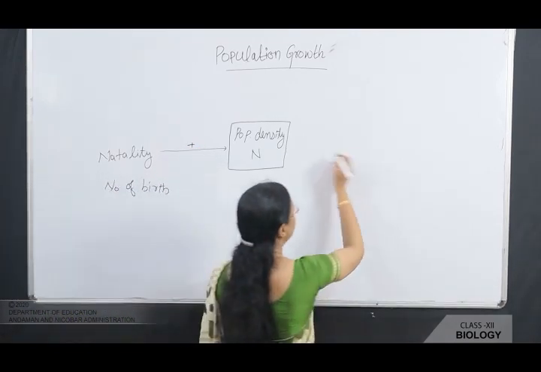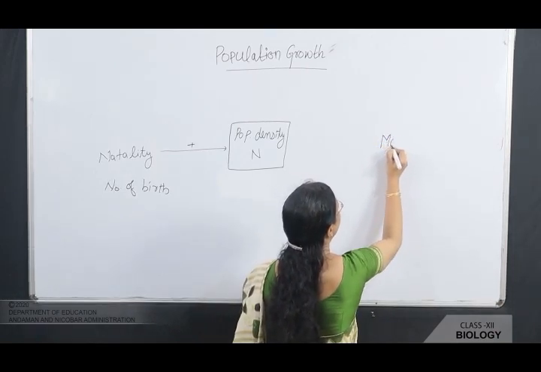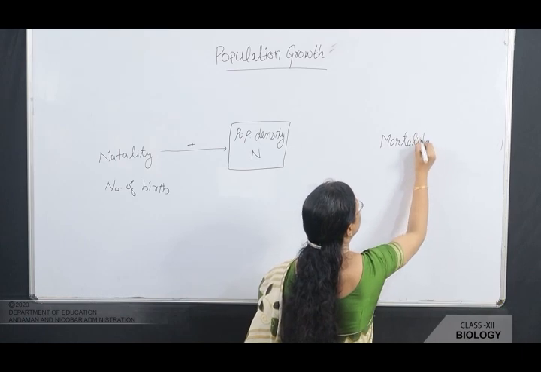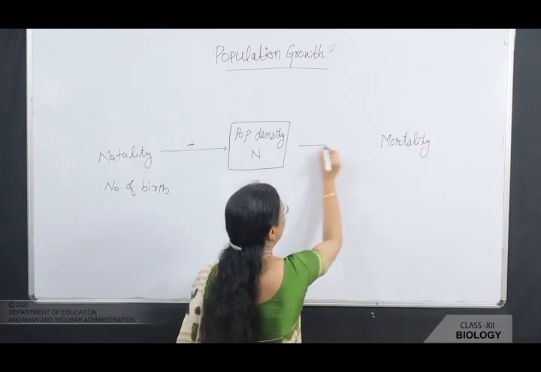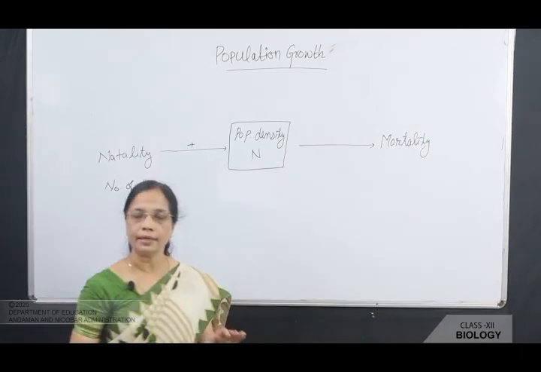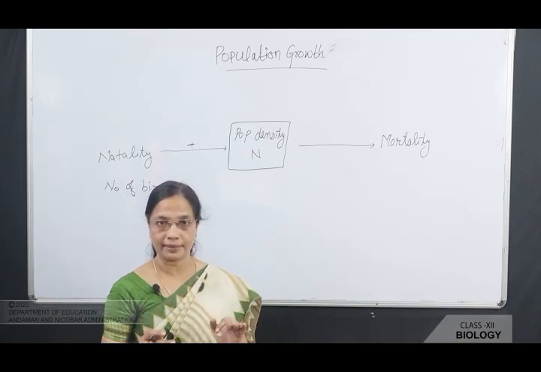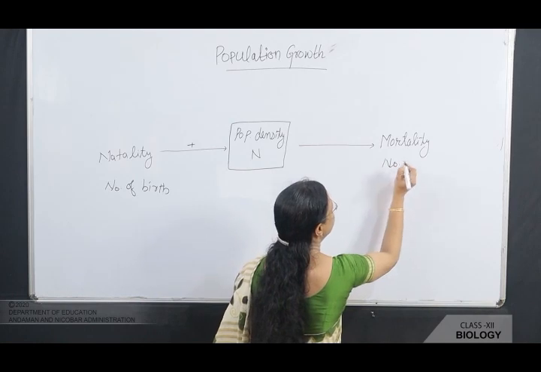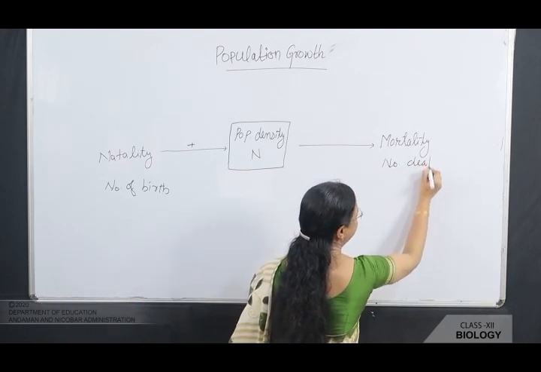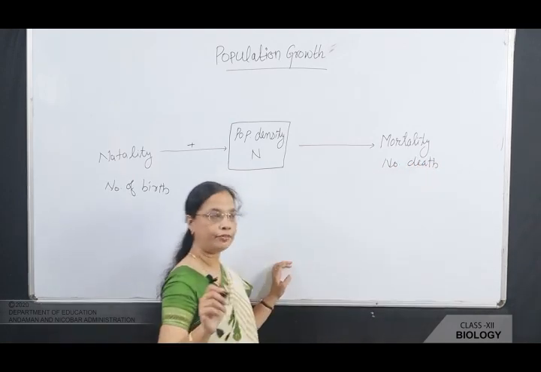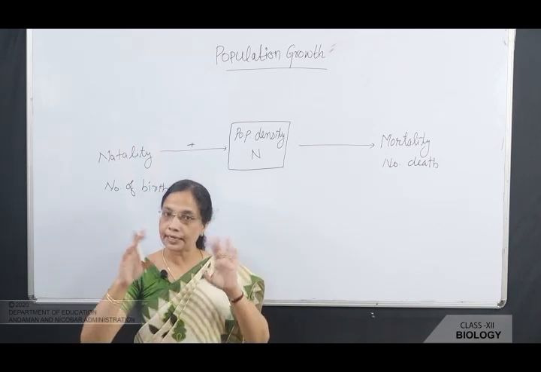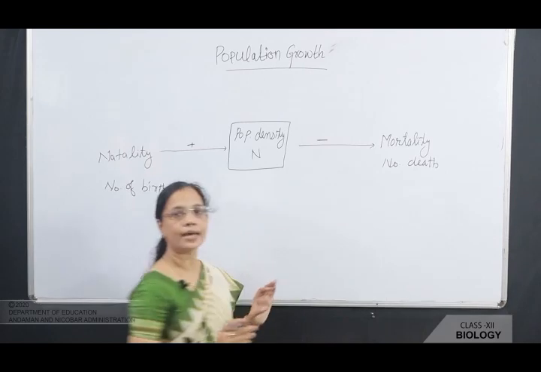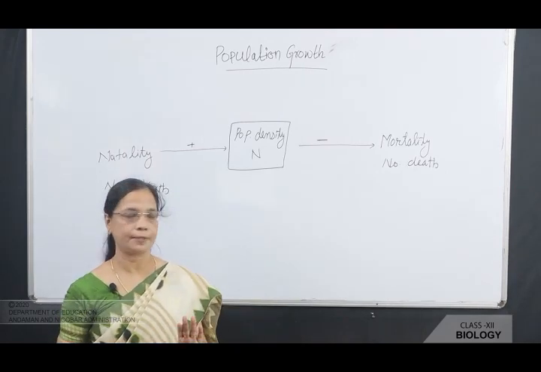Next factor is mortality. So what is mortality? Mortality means number of deaths in a population during the period. So death means there is a reduction in the population density.